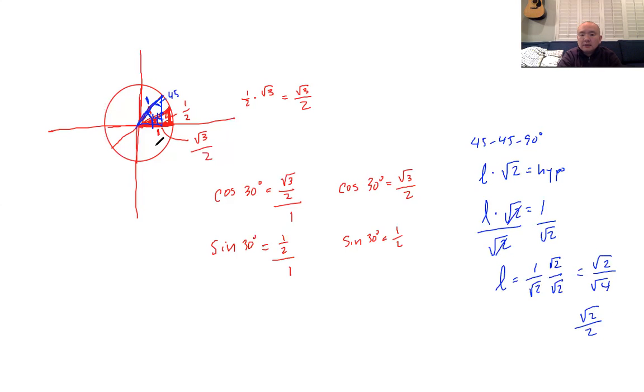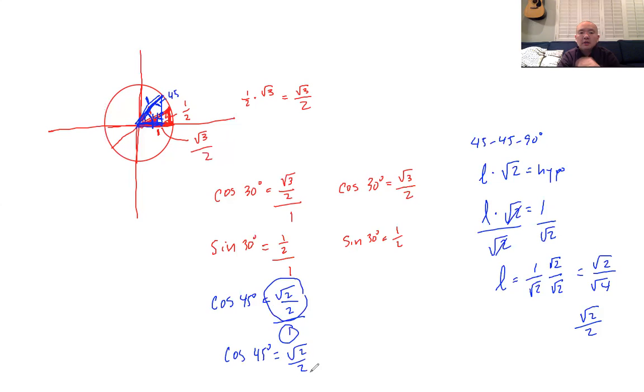So now we ask, what is the cosine of 45 degrees here? Well, the cosine is the x value, the adjacent over the hypotenuse. So that's equal to √2 over 2 over 1, right? Because this is the hypotenuse, this is the adjacent. Anything over 1 is itself, so the cosine of 45 degrees is equal to √2 over 2.